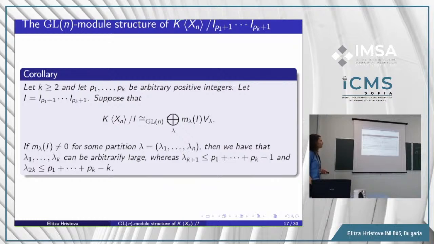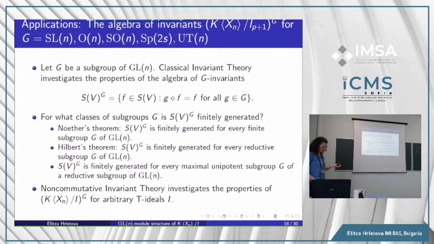And okay, let me now go to applications. As I mentioned in the beginning, there are applications in invariant theory. So let me first recall what the topic of classical invariant theory is, and then we'll go to non-commutative invariant theory.